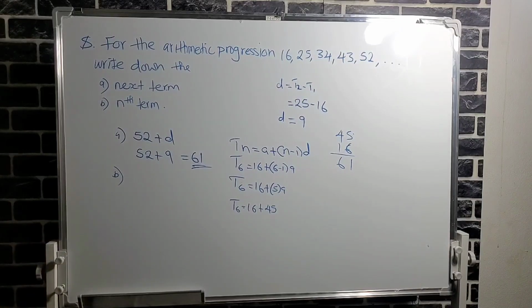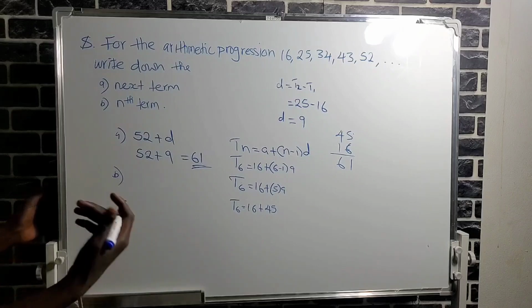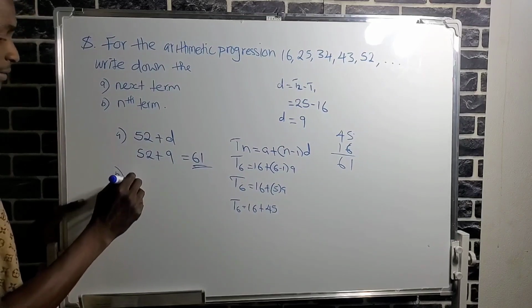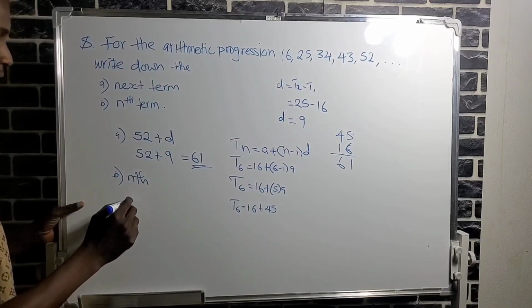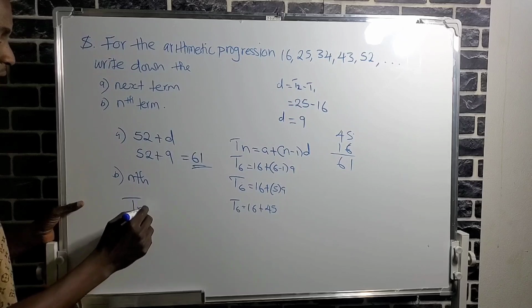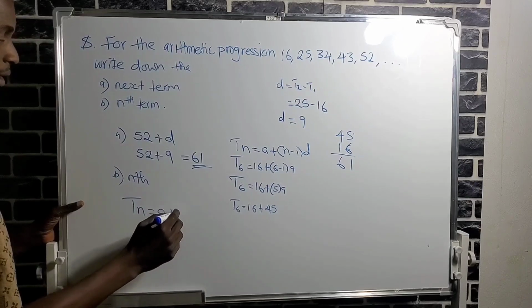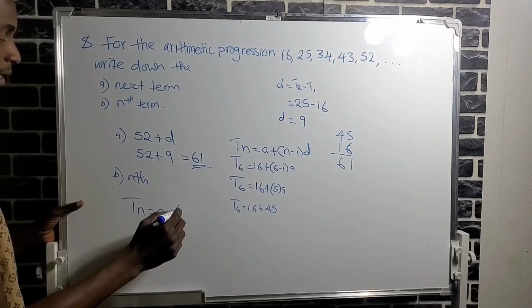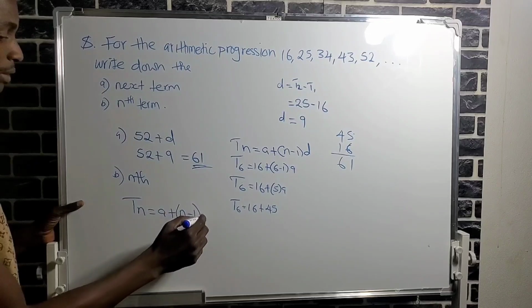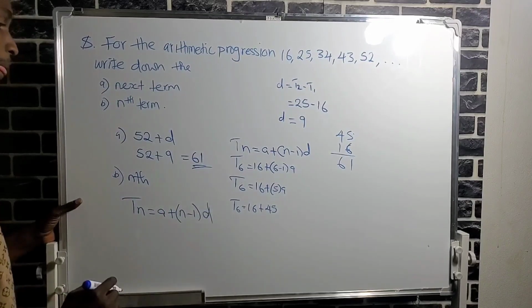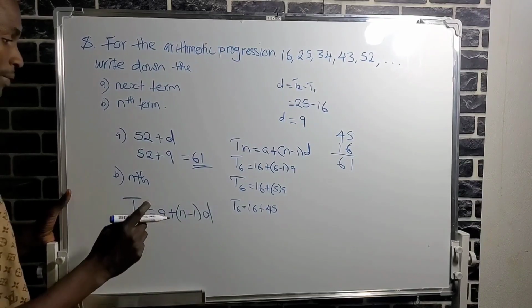Question B, we are asked to find the nth term. So the nth term is simple, guys. Nth term is just a formula. So the formula for nth term is Tn is equal to A plus open bracket n minus 1 close bracket d.